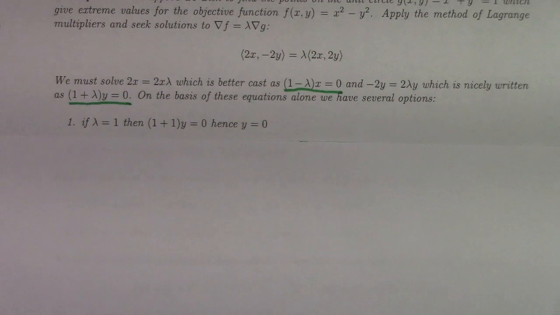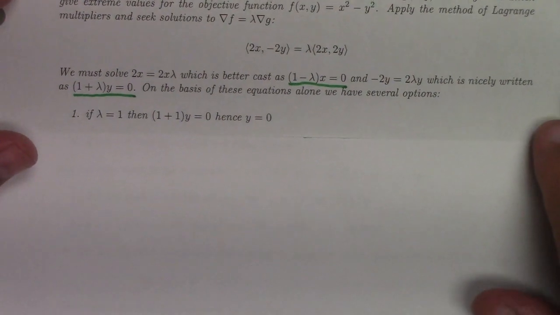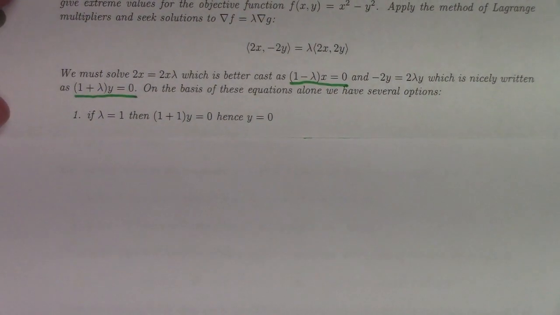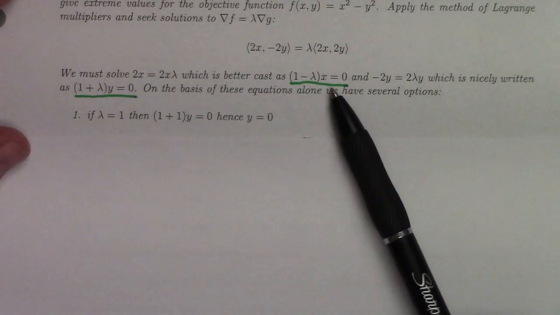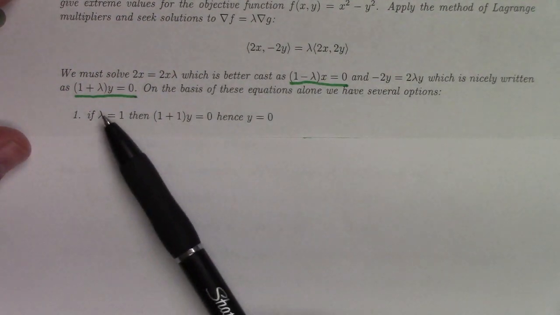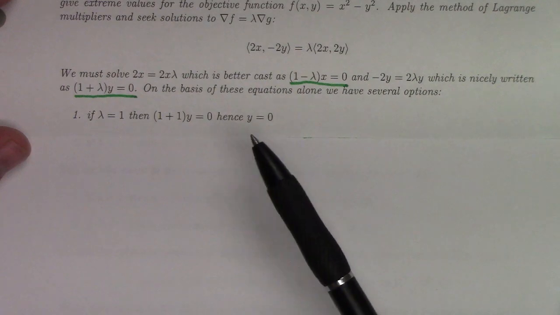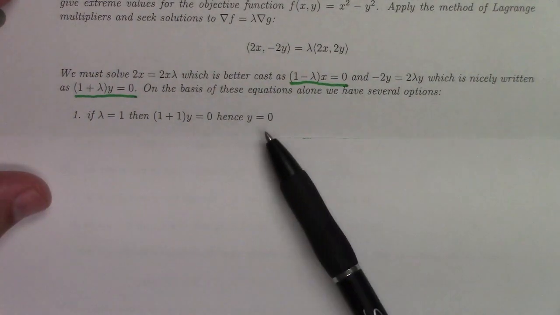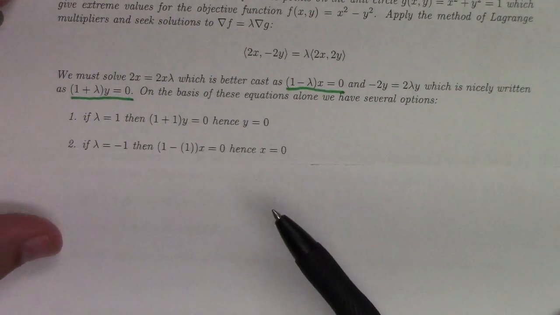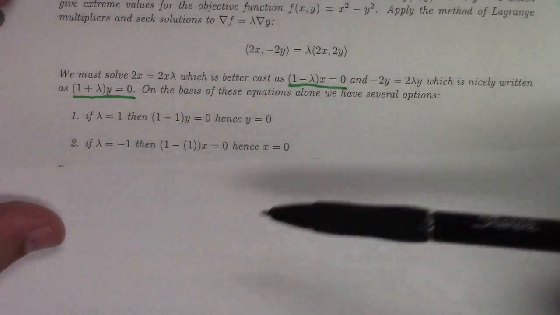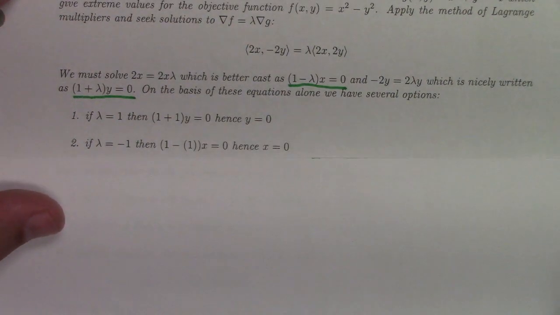So you can easily cipher the cases. Like if lambda equals 1, we solve that one, but then that forces y to be 0. And of course if y is 0, what is x equal to?